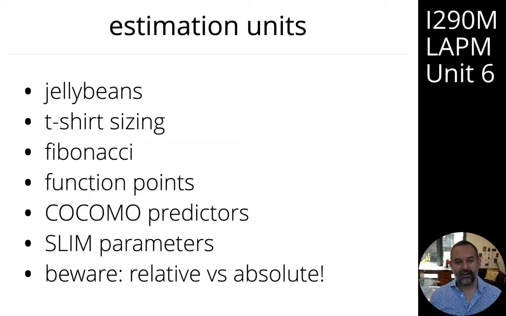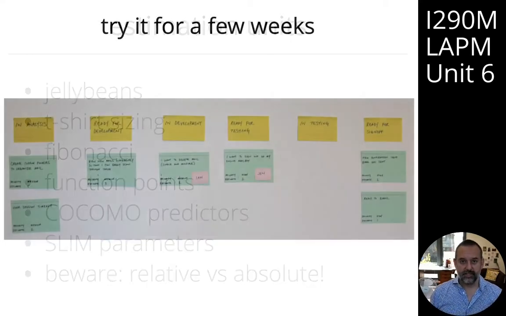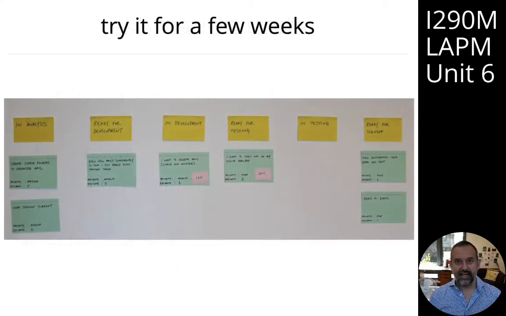Then, to work out how long it's actually going to take you to do the work, you need to actually deliver. So try it for a few weeks. See how long it takes you to deliver your small, medium and large stories, and then you will have a factor that you can use to take those estimates and turn them into an actual measure of the time elapsed.